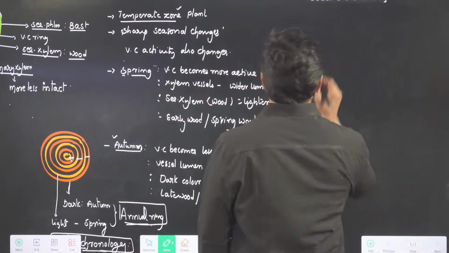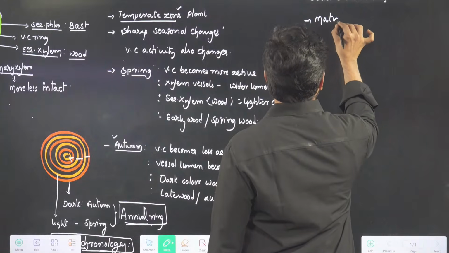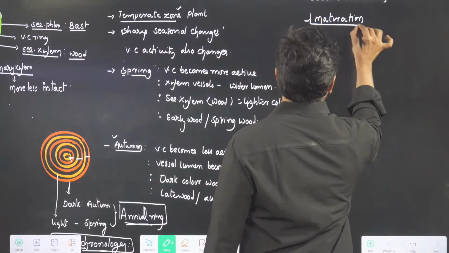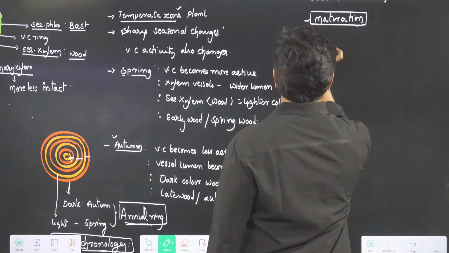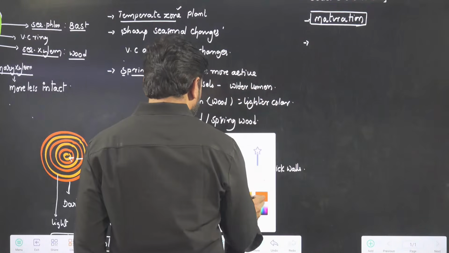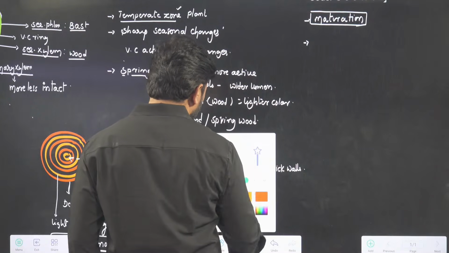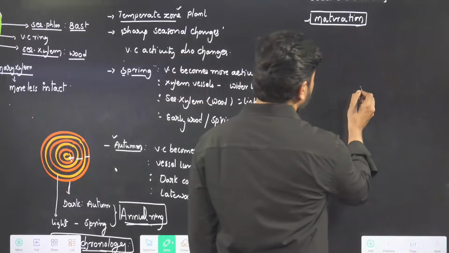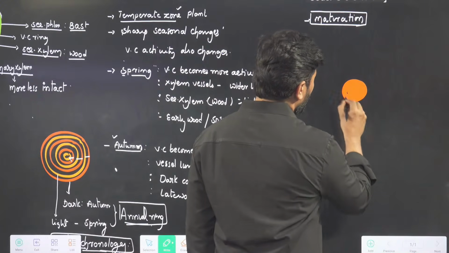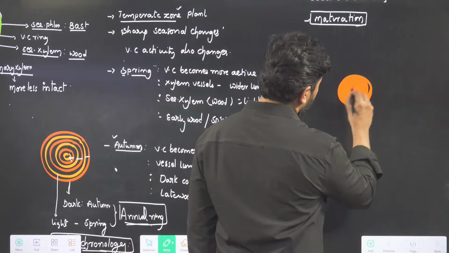Next one, based on physiology. There I am talking based on maturation. Based on maturation character, you will find in some plants the vascular cambium, that means secondary xylem in the center area, becomes too dark.